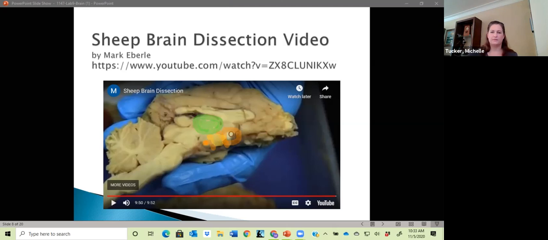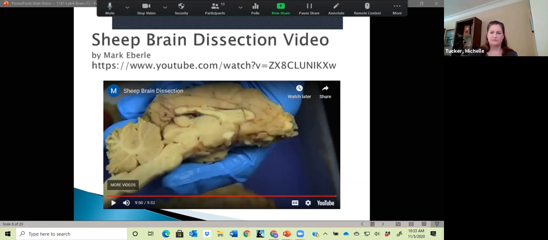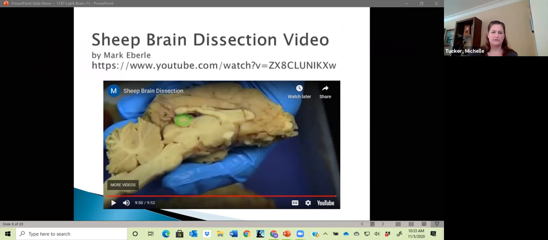It's bordered by the optic chiasma towards the anterior side of the brain and the mammillary body towards the posterior side of the brain. But it does give you that good view. And then this is that pineal gland here. And then we have superior colliculi here and inferior colliculi here.